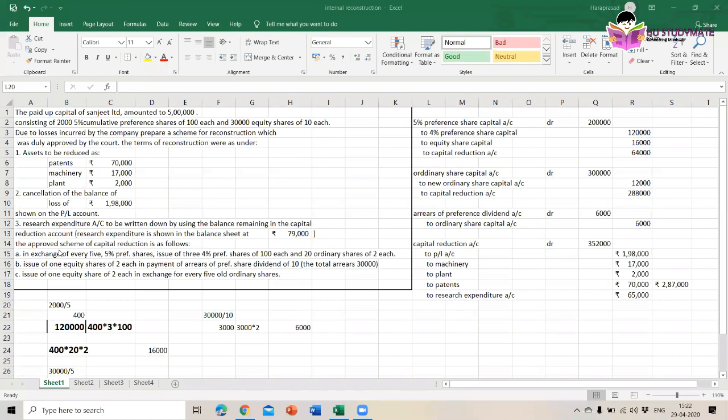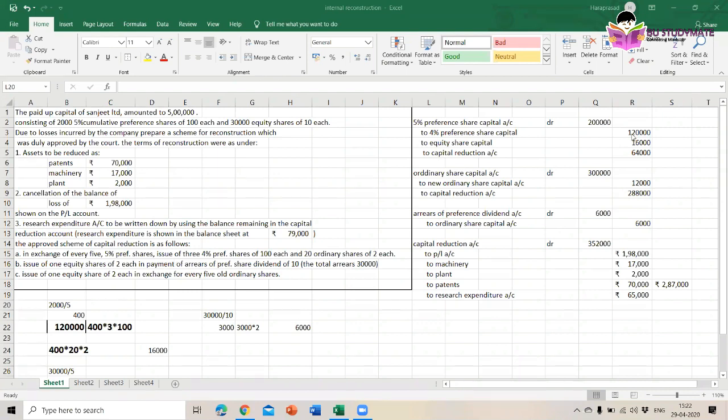So you have to write that entry, and adding 1,20,000 and 16,000 comes to 1,36,000. We need to deduct 1,36,000 from 2 lakh. We get 64,000 rupees. This 64,000 amount will go to the capital reduction account.